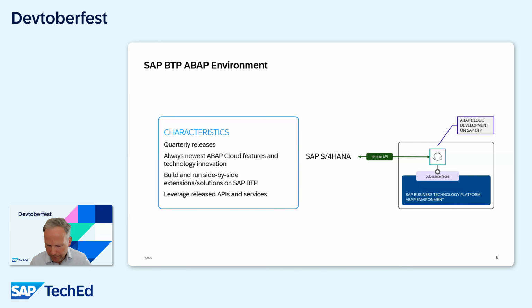If a customer or partner is building those products, they are using the released APIs and services of steampunk. So in order to connect to an S/4HANA system, for example, a remote API is required in order to read and update data.